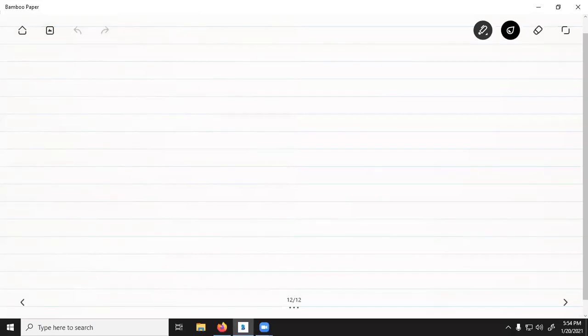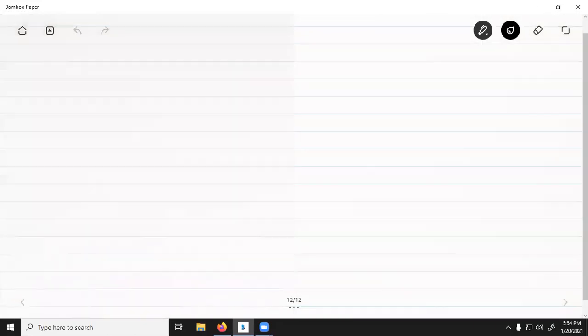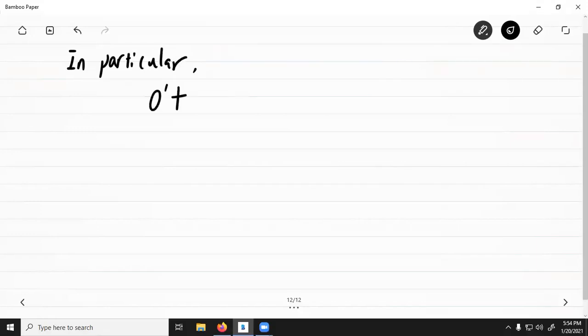We know that 0 prime satisfies this condition, where A is any real number. And this 0 is also a real number. So if we replace A by 0, in particular, 0 prime plus 0 is equal to 0.